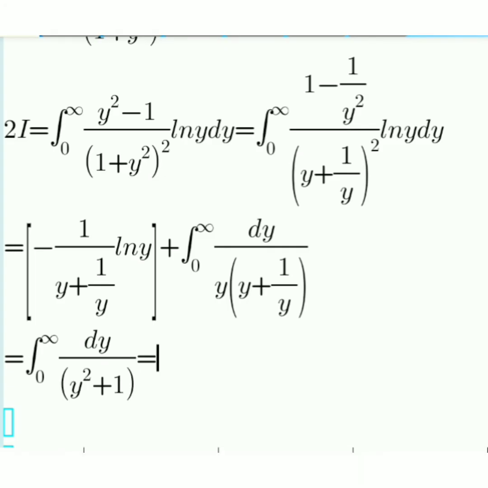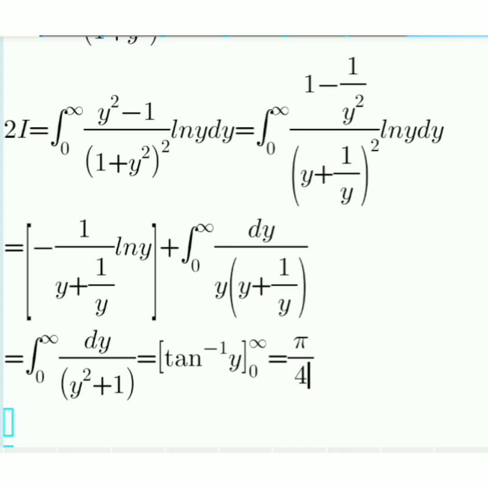So whatever I can get easily is tan inverse y, and after just putting this value and infinity, I get pi by 4.